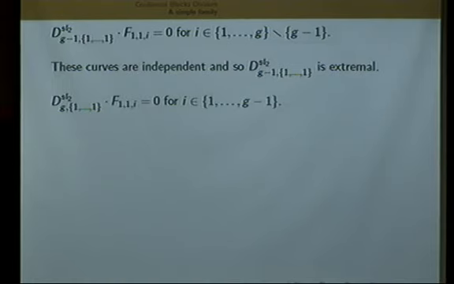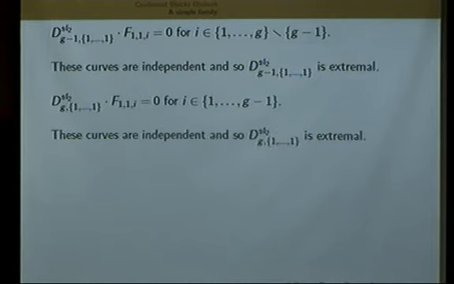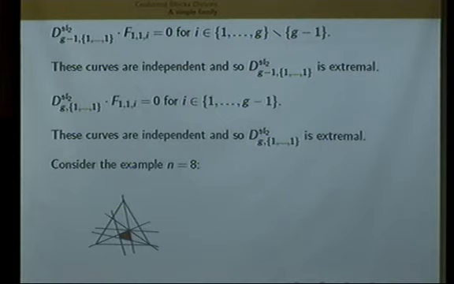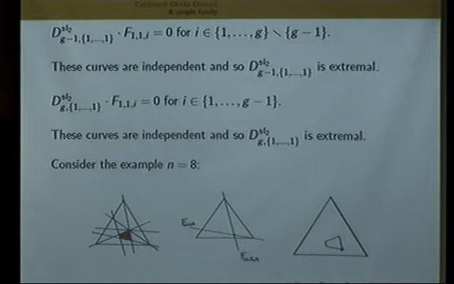And for the last divisor, we take all but the last basis curve. These curves are independent, so D_g is extremal. We can see the picture for n equals 8. This is kind of a constrained picture. 8 is 2 times 4, so the genus is 3.